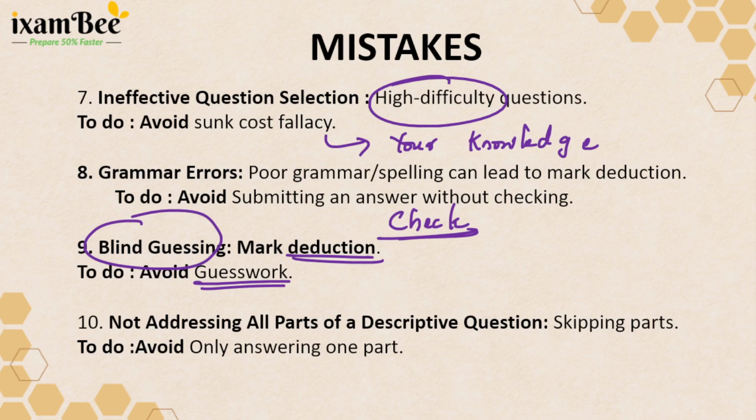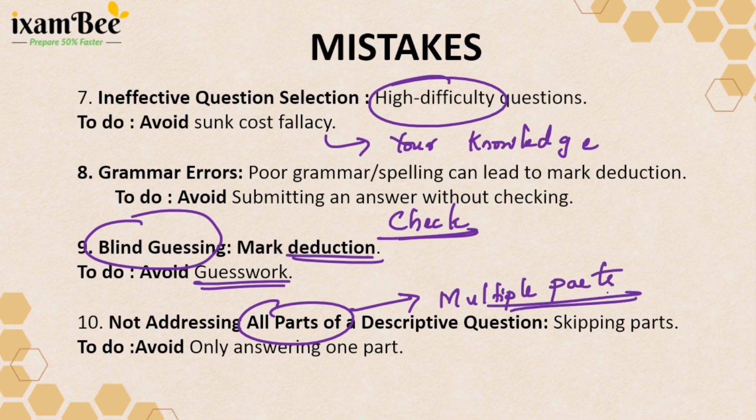And mistake 10 here is not addressing all parts of a descriptive question. You might know that a single question might have multiple parts. If a question has more parts rather than a single part, ensure that you are not skipping parts. Ensure that you avoid only answering one part.